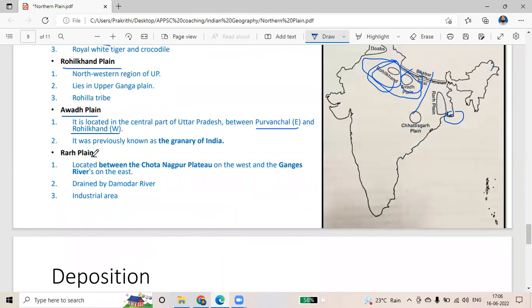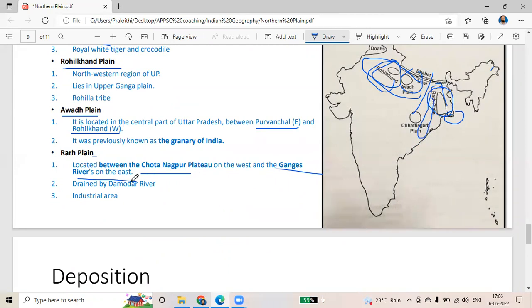Then Rah plain between Chota Nagpur plateau in the west and Ganga river on the east. That is this plain. यहाँ से गंगा प्लेन ऐसा जाएगा, यहाँ हमारा छोटा नागपुर प्लेटो है, इसके बीच में आएगा राह प्लेन.